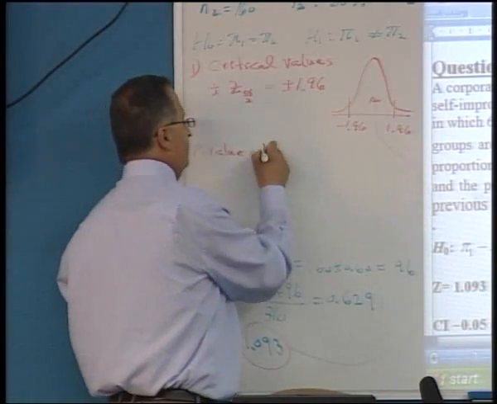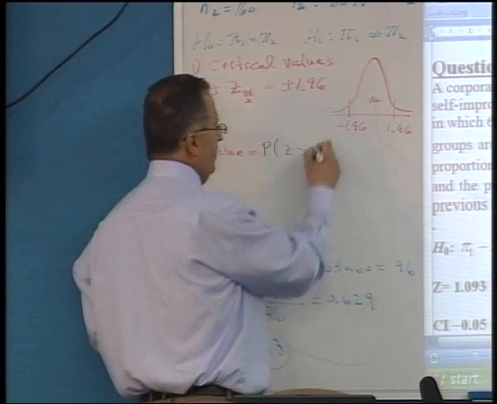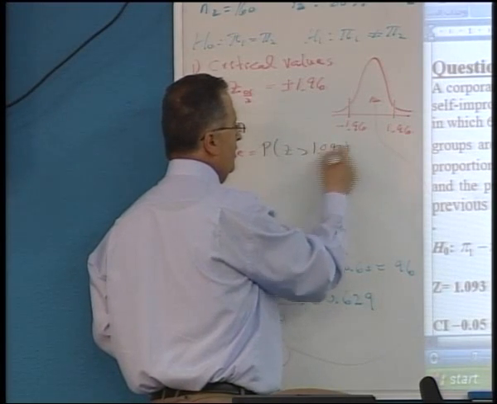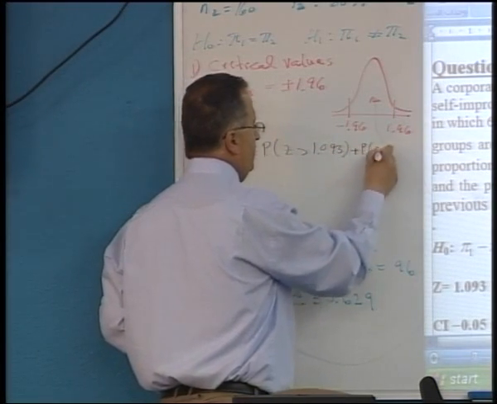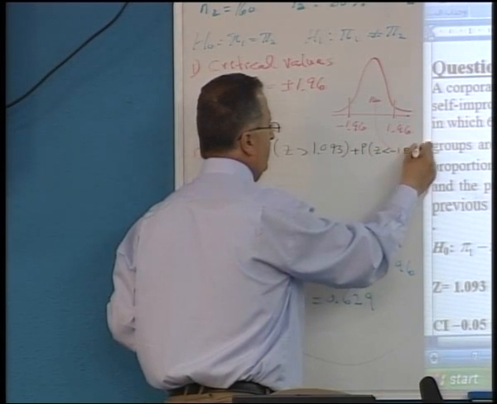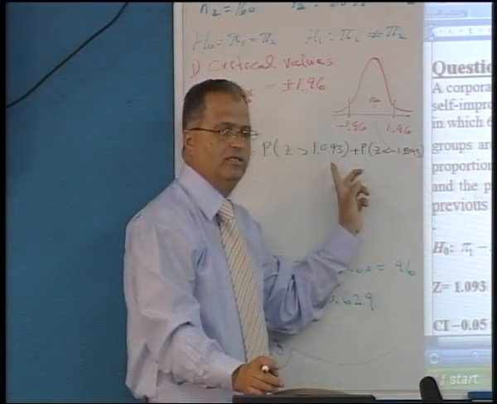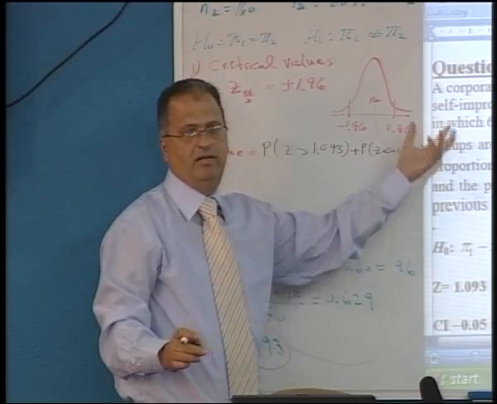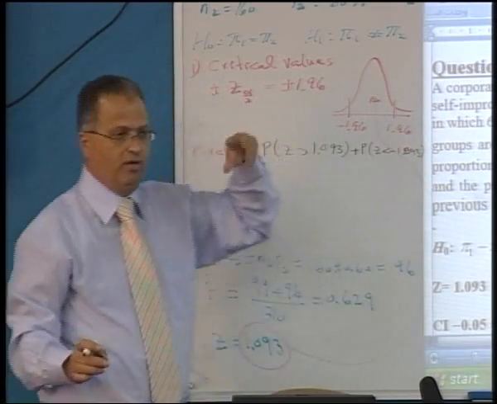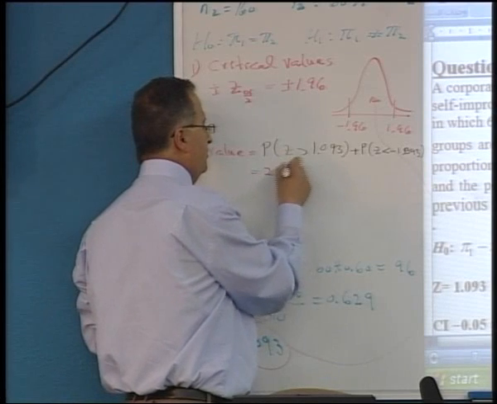So that means Z greater than 1.093 or Z smaller than negative 1.093. The area to the right of 1.093 is the same as the area to the left of negative 1.093, because of symmetry. So just take one and multiply by 2.